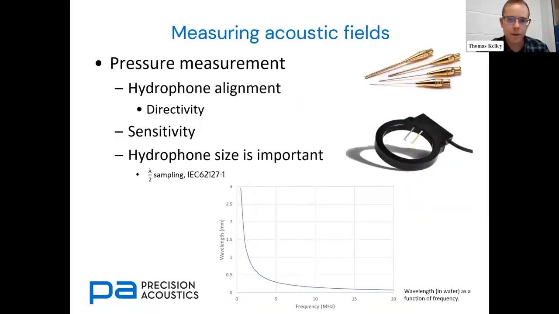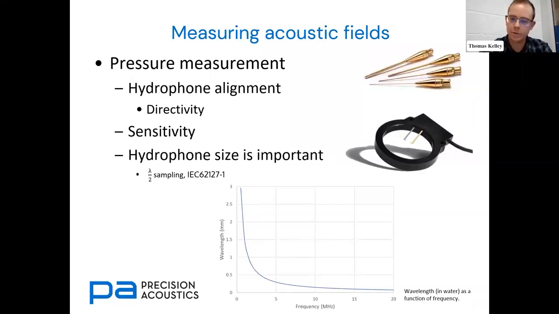So a very brief bit about measuring acoustic fields. Having talked about radiation patterns, it's probably worth mentioning a few considerations for hydrophones used for measuring fields. Again, the measurement of acoustic fields is a topic that could fill its own hour-long slot, but merely introducing the concept here, pressure fields can be measured with a hydrophone.